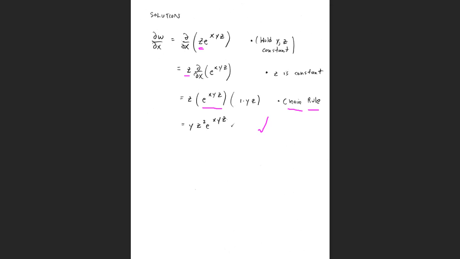Then I take the derivative of the inner function, x times y times z, differentiating with respect to x, so I'm left with 1 times y times z. And so I end up with y times z squared times e to the xyz. Are there any questions on that?